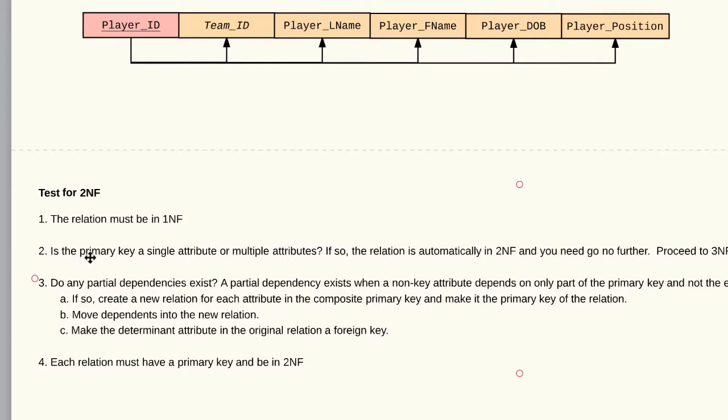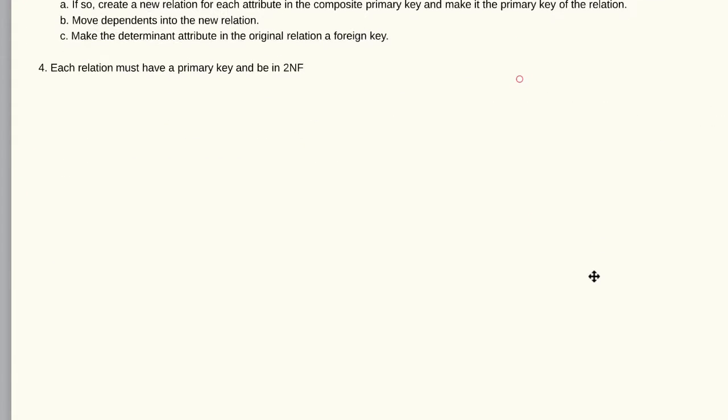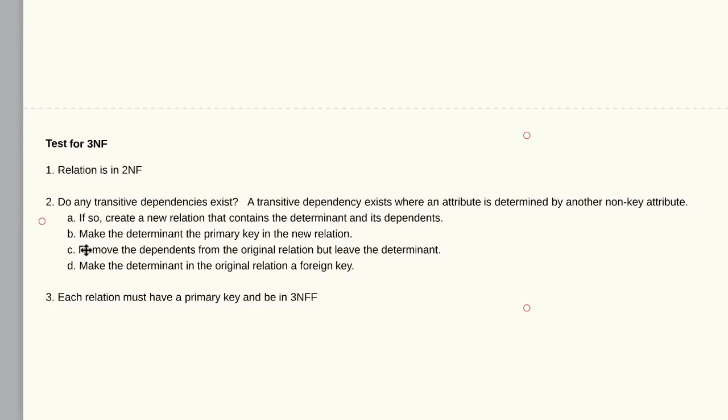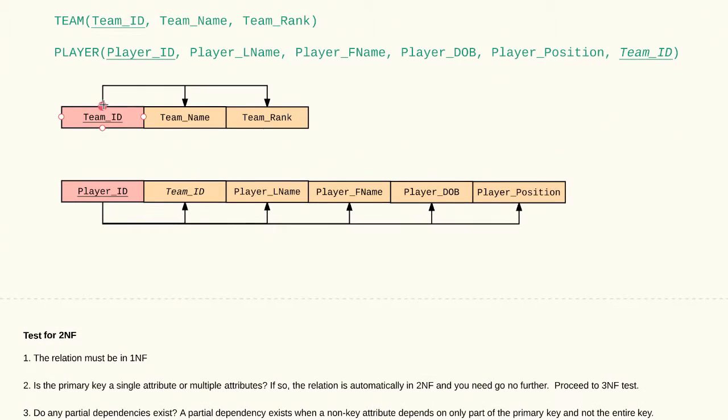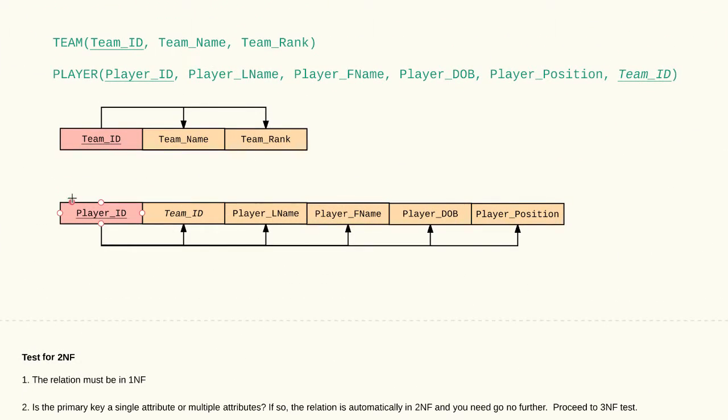And secondly, the primary key, if it's a single attribute, the relation is automatically in 2NF and you need to go no further. Now, if I look down at the third normal form test, are there any transitive dependencies? Well, if you look here, there are no transitive dependencies anywhere. They're all full dependencies. So at this point, my relation is complete for both.